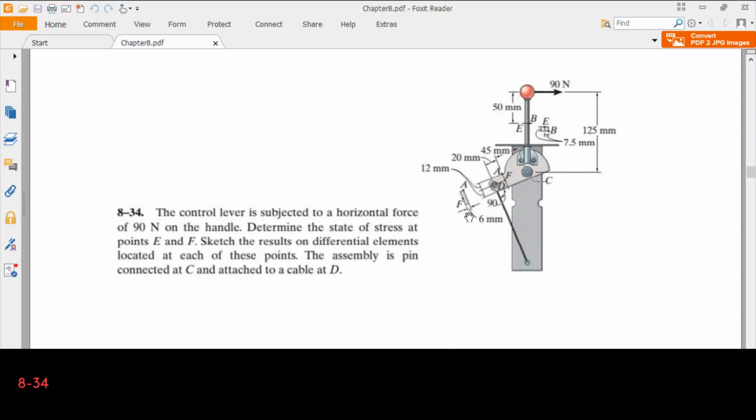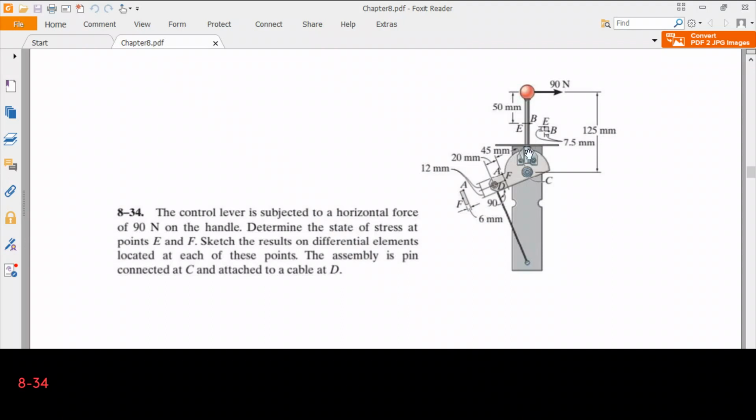It's a rectangular cross section, in fact, and so the other point that we are asked is the point E. So point E is on the vertex, so it is a square cross section on the handle.